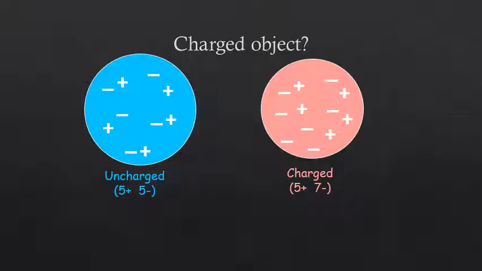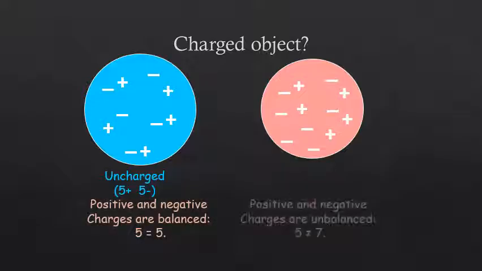Whereas the pink object has 5 positive charges and 7 negative charges, therefore it is overall charged. Okay? Because the positive and negative charges balance in the blue object, and the positive and negative charges are unbalanced in the pink object.